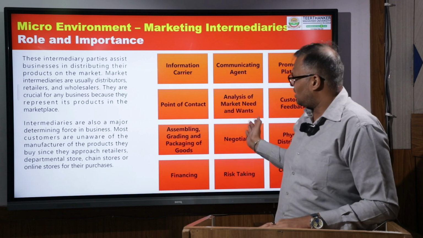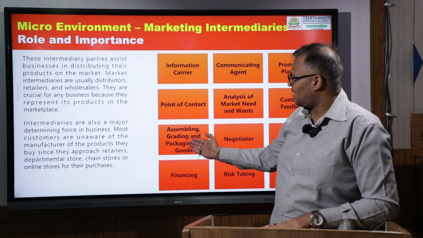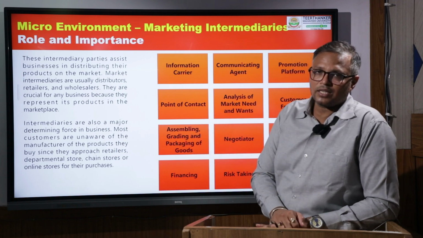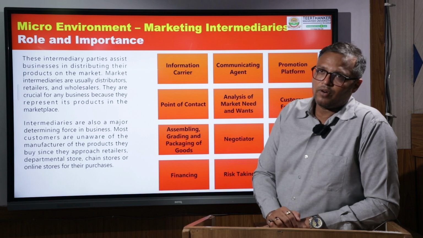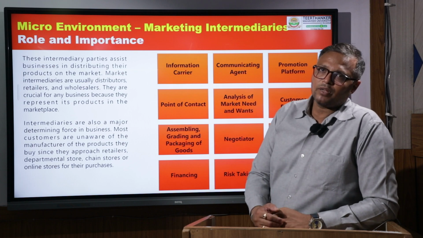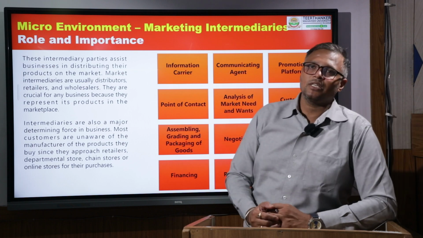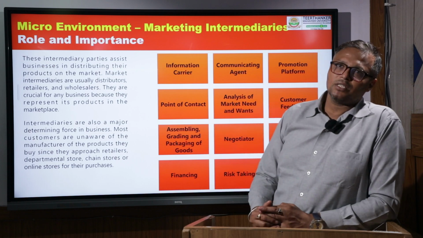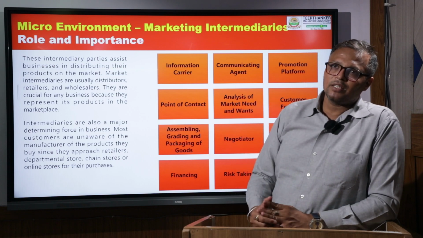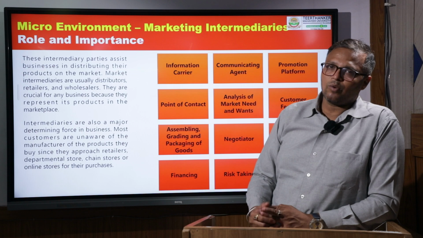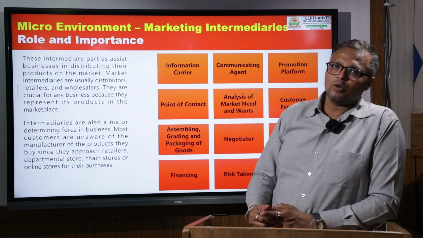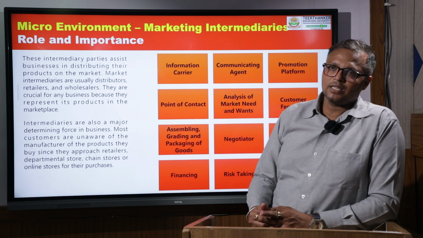And as an extension to this, which I discussed, assembling, grading and packaging of the goods is again an extension of the same. For example, the manufacturer manufactures things, and the wholesaler or the agent purchases those things. They subdivide things based on the grades, the tier, or the quality of the things. They make small packings of 5 kgs, 10 kgs.